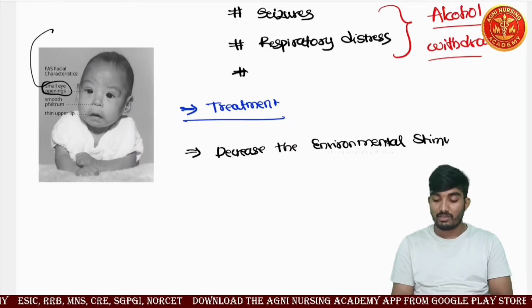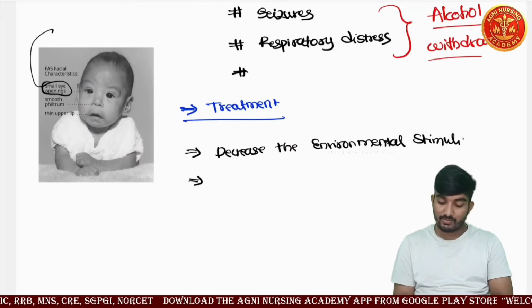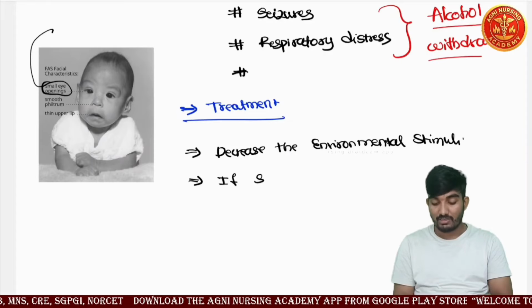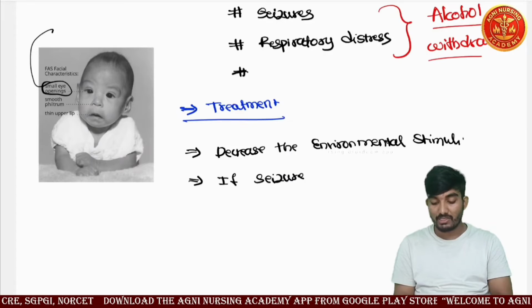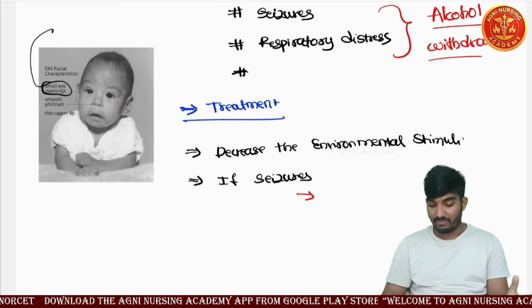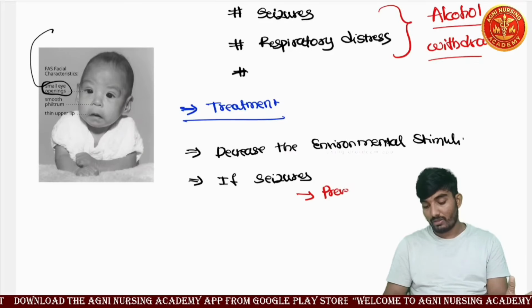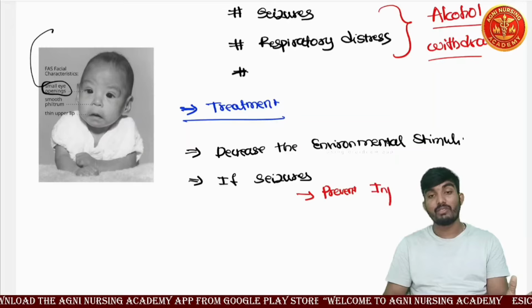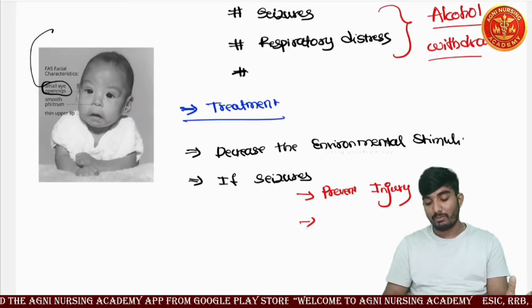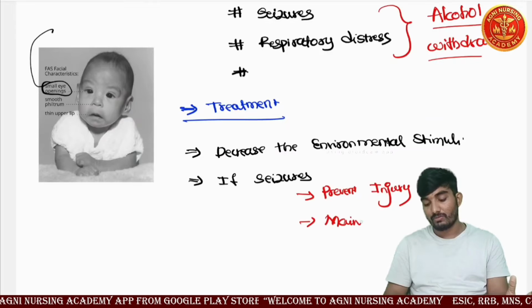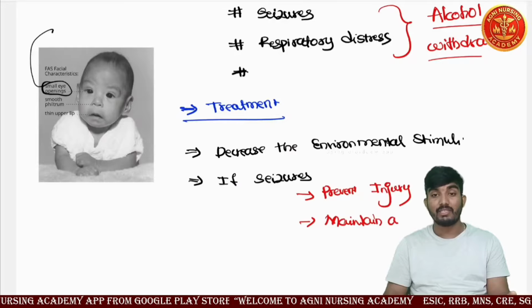What will we do if seizures occur? If seizures are present, we have to prevent injury and maintain the airway.